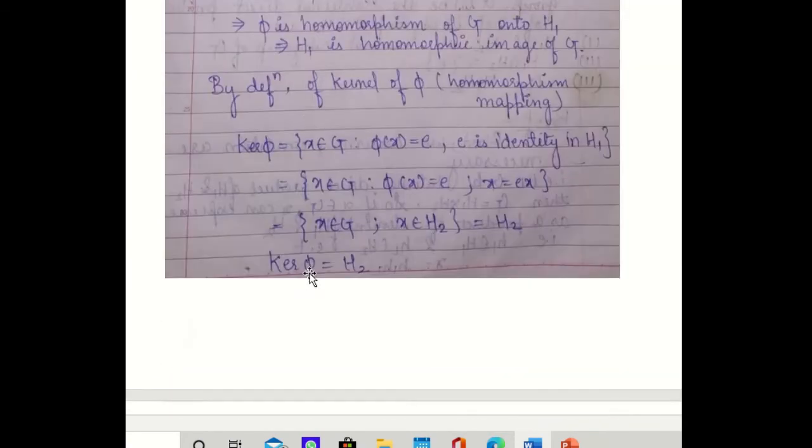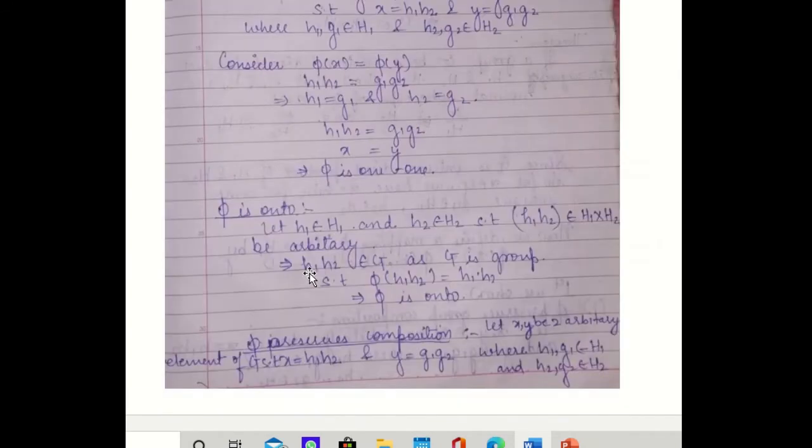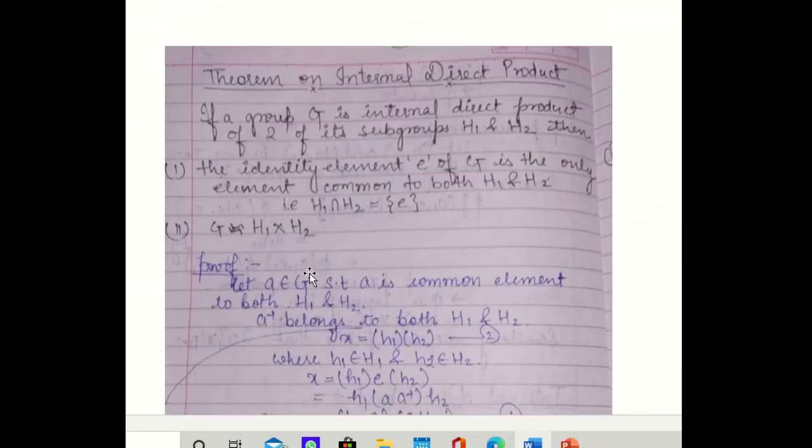And G is equal to H1 into H2. Those types of product are called internal direct product. So we are going to define it.